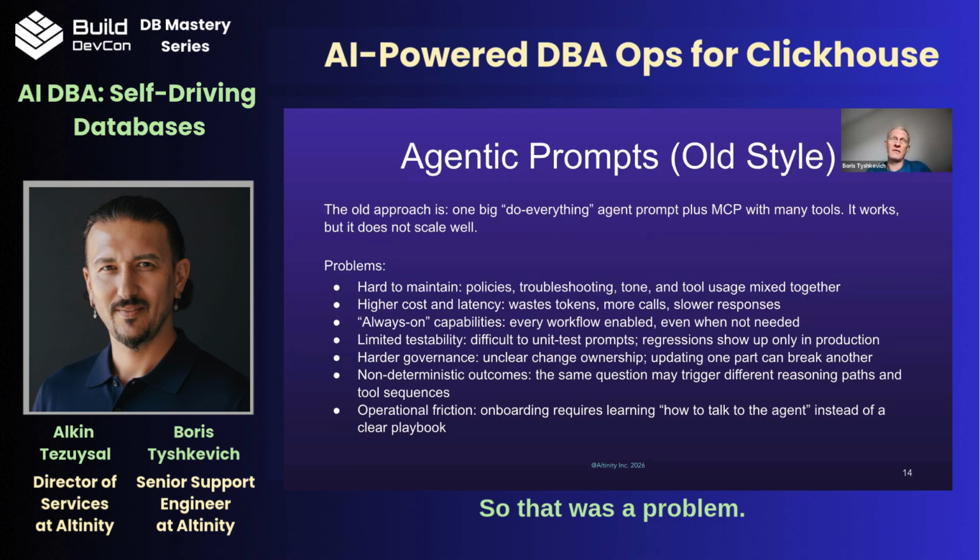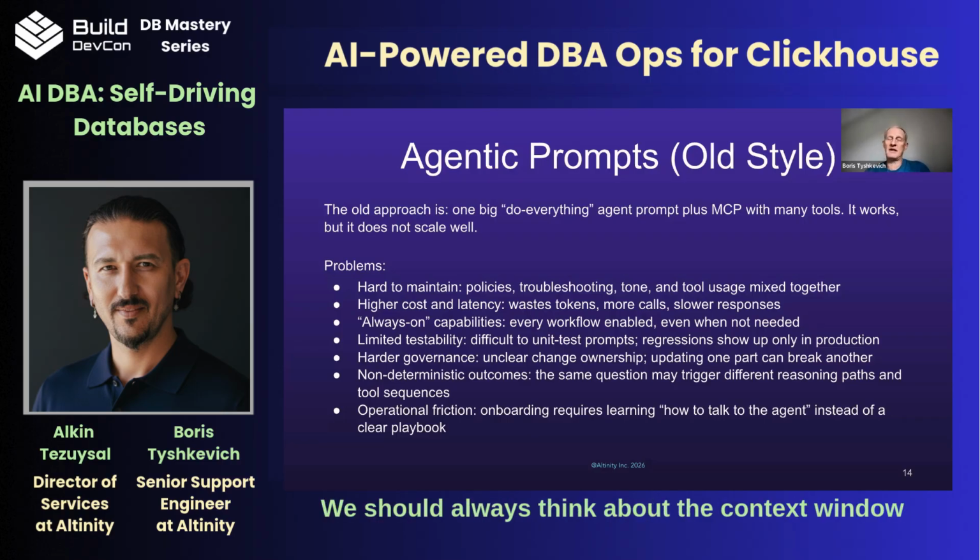So that is a problem. The model works not so efficiently, provides not-so-great answers, and so on. The same problem occurs with overload by MCP server definitions. If we connect too many MCP servers, all the definitions of the tools will overload the context window. We should always think about the context window and the information the model has here.